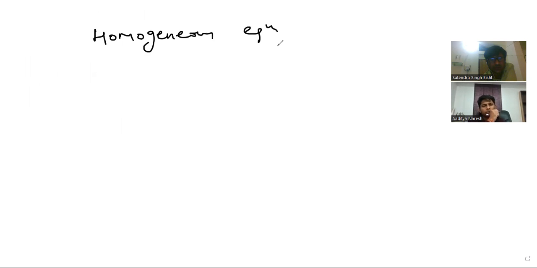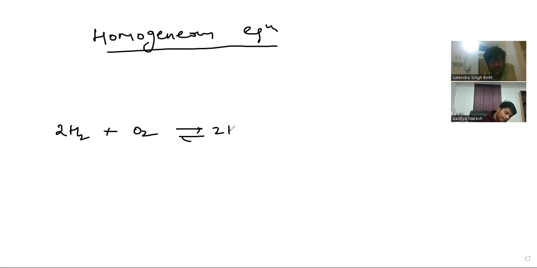Homogeneous equilibrium. I am giving the first example: 2H2 plus O2 gives 2H2O. This is the example for homogeneous. What will be the definition?